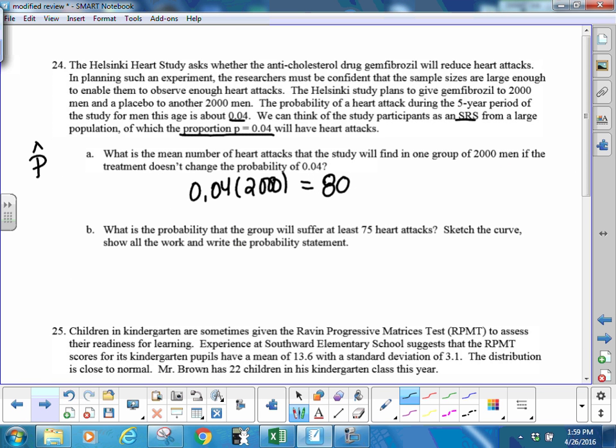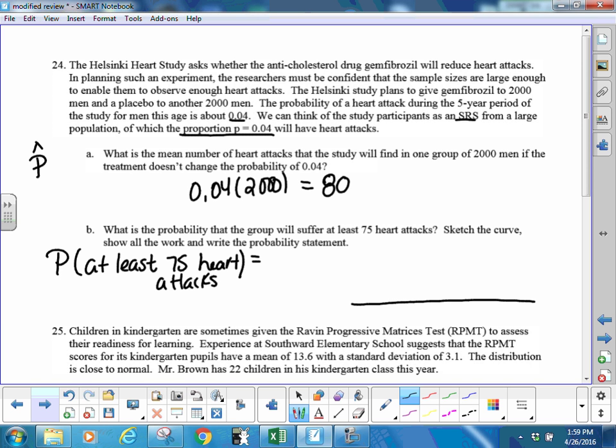What is the probability that the group will suffer at least 75 heart attacks? I'll do my sketch over here. We've already said the mean is 4%. What might I want to do to that 75?